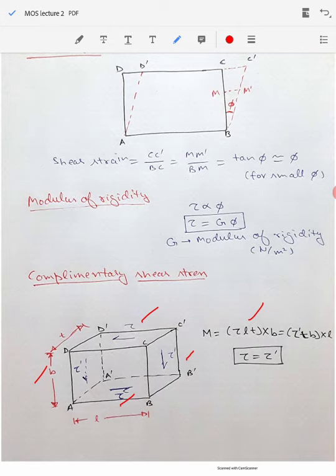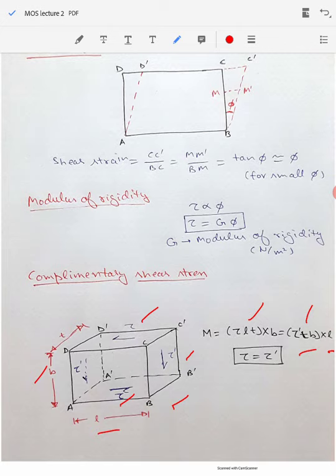The area on which it is acting has the dimensions of width B and thickness T. So tau dash into T into B will be the amount of force created due to this particular stress, and it will create a moment, that is force into distance, so that will be tau dash into T into B multiplied by the distance L. Now these two moments should be equal in order to have equilibrium.